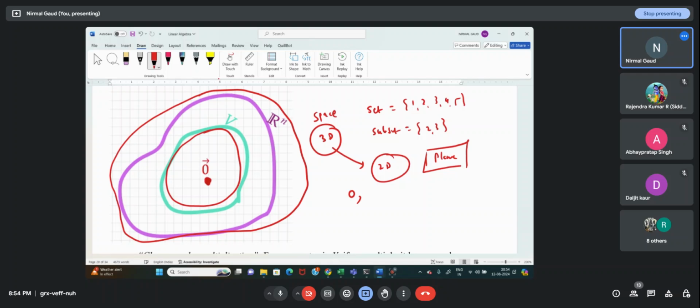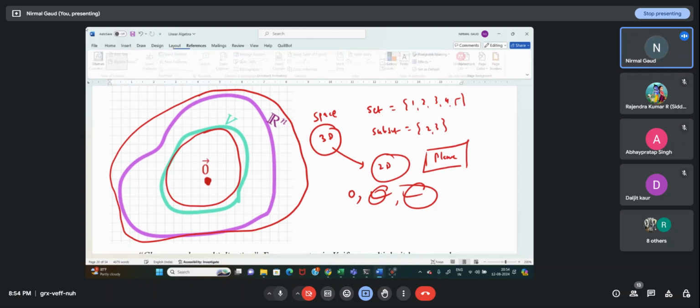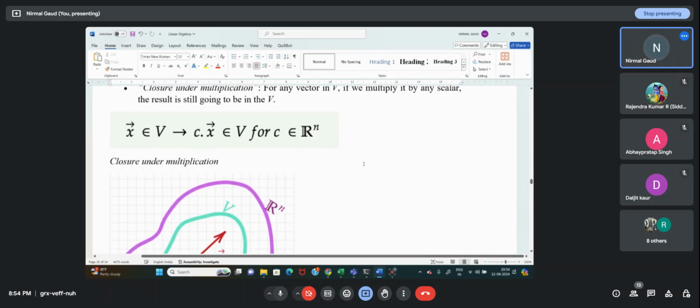It can have addition and multiplication also. Any new vector made by adding should also be present in the same subspace. By performing scalar multiplication also, it should remain in the same subspace. That is a property, including zero.